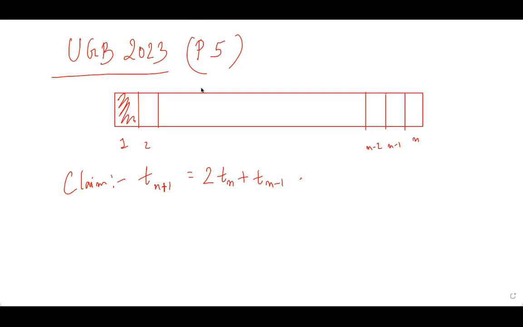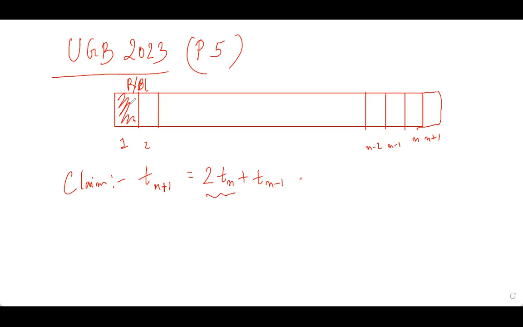The first term comes out if the first square is red. Then the remaining n blocks can be covered in Tn ways. If it is blue, then again Tn ways. So 2Tn.